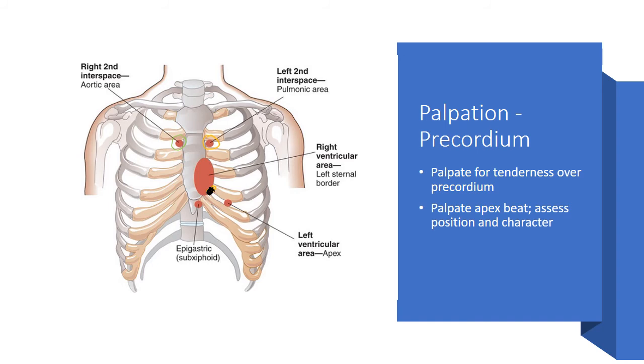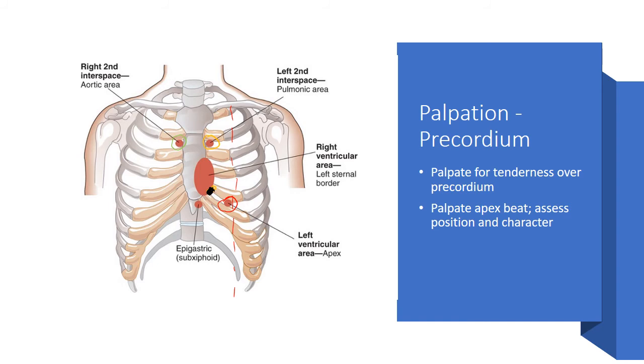But for palpating our apex beat, which is part of our palpation for precordium, we're going to aim for our left midclavicular line. So we draw an imaginary line from our clavicle down the chest here. So this is our left midclavicular line, and it's around the 5th intercostal space.